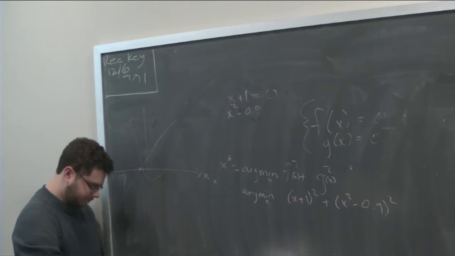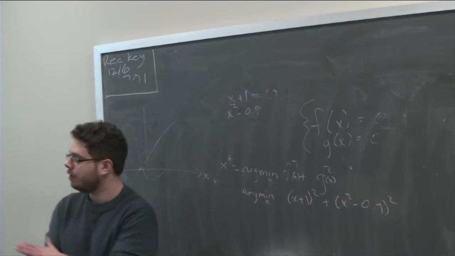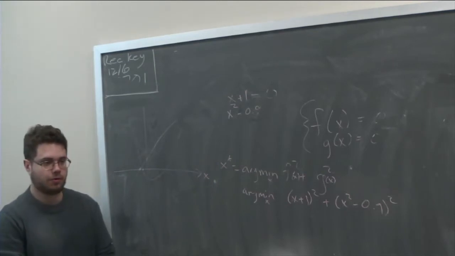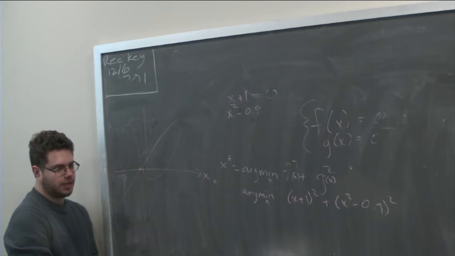I mean, the coefficients are all algebraic numbers here. You could work in a number field and find a symbolic solution. In practice, a floating point approximation to it will be enough.